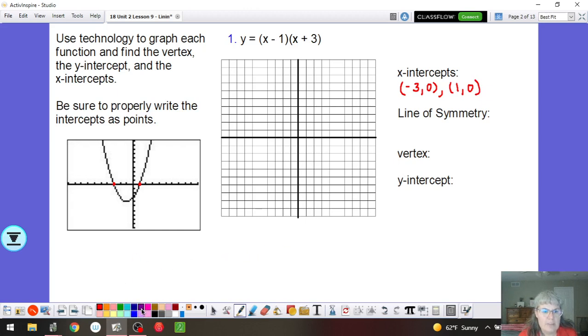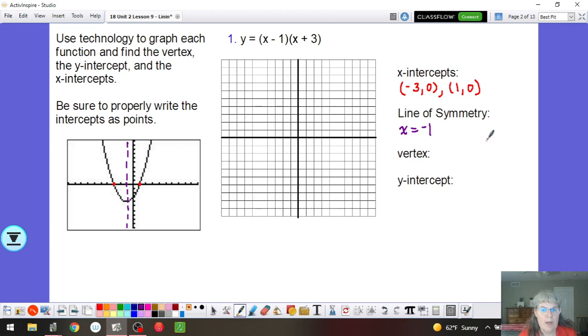The line of symmetry is that line that divides our parabola into two symmetrical parts. That line goes through the vertex of our parabola, and it's halfway between our x-intercepts. So if we just look at this, we're going to find our line of symmetry at x equals -1.